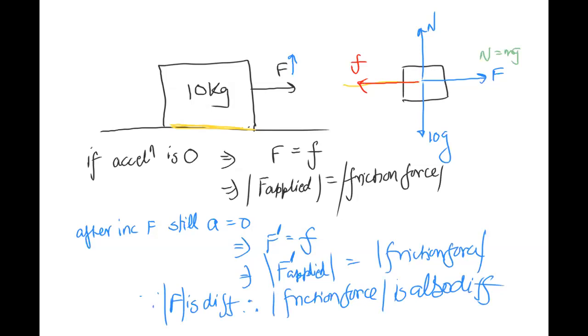So if the value of F in this first case is equal to 3 Newton, friction is equal to 3 Newton. If the value of force in the second case is 5 Newton, then friction is also 5 Newton. You see, friction is a dynamic object. It is not a constant thing.